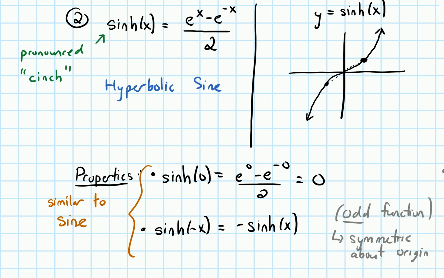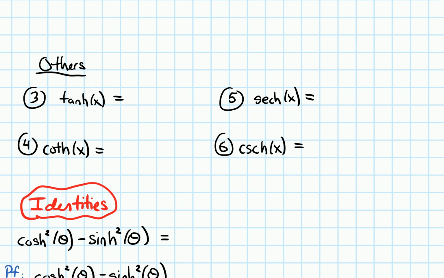Next, let's define the other hyperbolic trig functions. Alright, so hyperbolic tangent is going to be, I think, what we'd expect. It's going to be hyperbolic sine divided by hyperbolic cosine. Tangent is sine over cosine, so the hyperbolic analog of it is going to be the same quotient, but with the hyperbolic analogs.